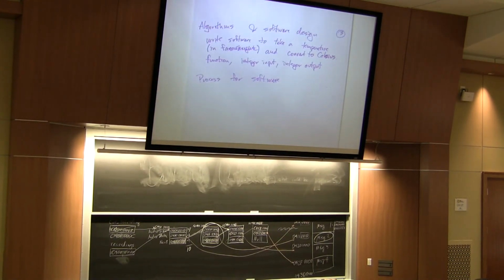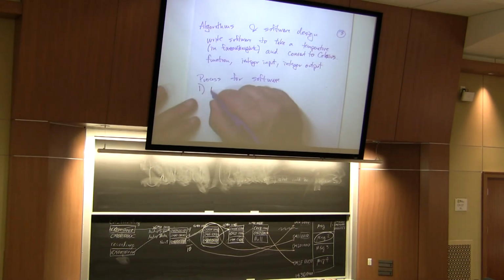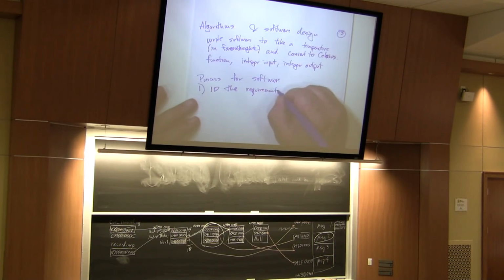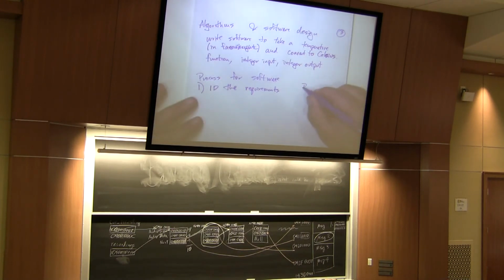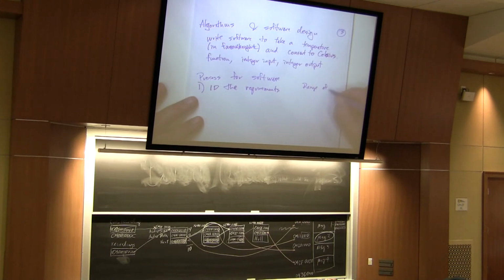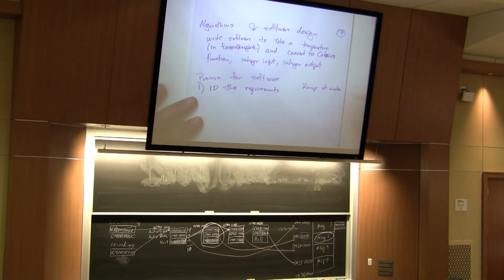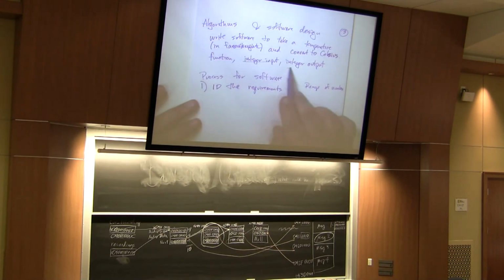So the first thing you want to do is, one, identify the requirements. Requirements are things like, what really does this have to do? That's one thing I haven't even addressed here. What's my range of numbers? Now I did say integer input, integer output, right?